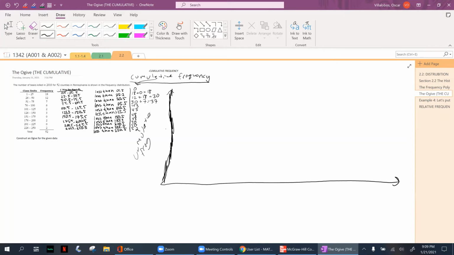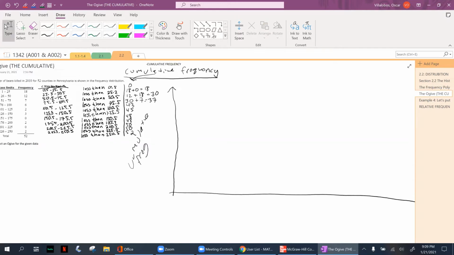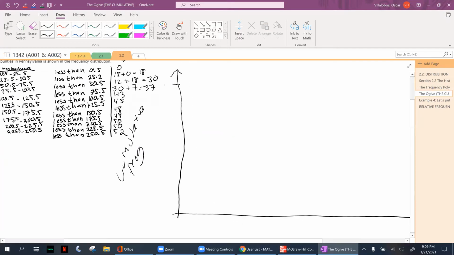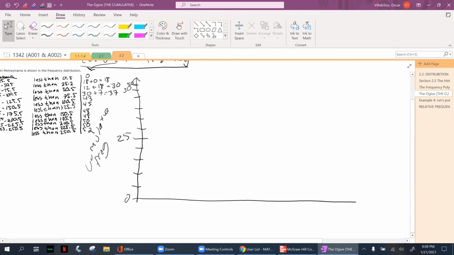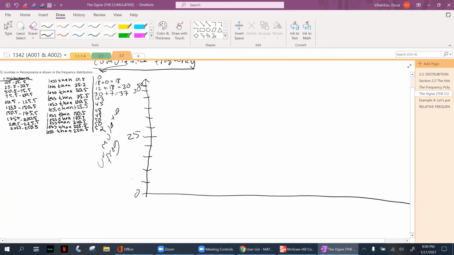Let's fill that in. I'll say this is 0, therefore this is 25, and this is 50. If I'm jumping by 5, this is 5, 10, 15, 20, 25, 30, 35, 40, 45, 50, meaning somewhere up here is a 52.